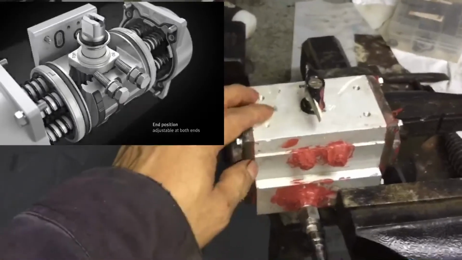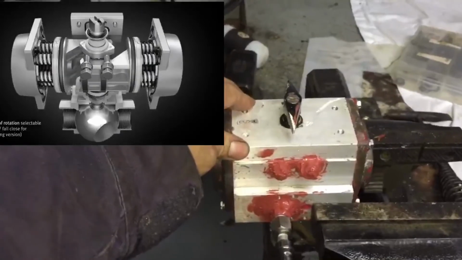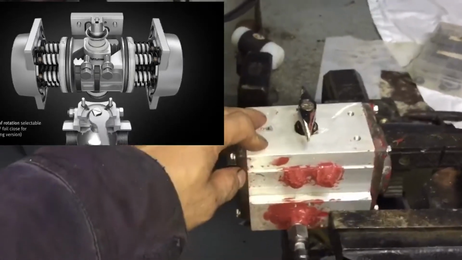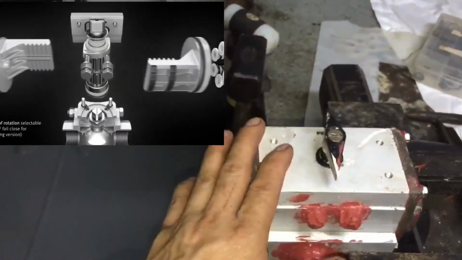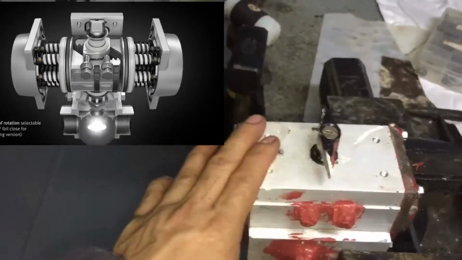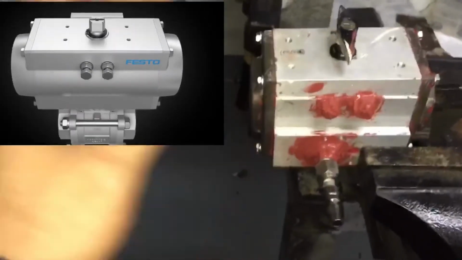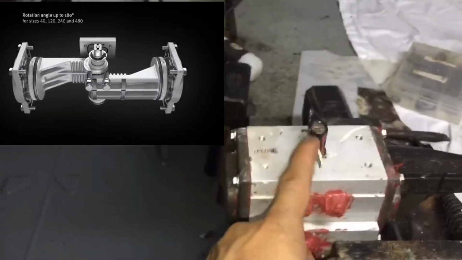That is the function of this actuator, and it is installed on the vent line in the inert gas. As I told you, this actuator has a huge role in the inert gas line in order to release the accumulated pressure in the vent line.